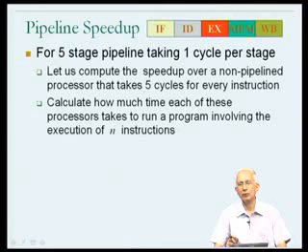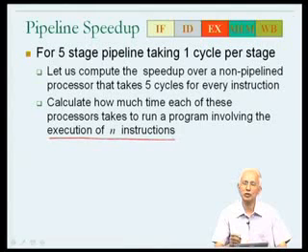Okay, now we need to calculate how much time it will take to run a program on the pipelined processor, and how much time it takes to execute the same program on a non-pipelined processor. I'm going to assume that the execution of the program involves the execution of n instructions. n could be 10,000, it could be 1,000,000, it doesn't matter.